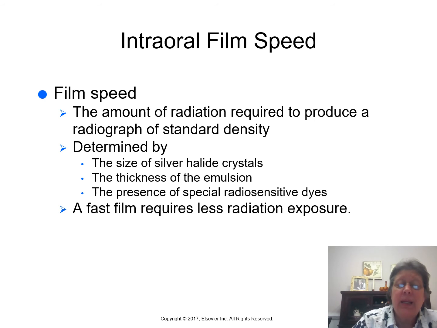So a fast speed film requires less radiation, and that of course is our goal, because whenever we deliver radiation to a patient in any form or type, it has the possibility that it can do destruction at the cellular level. So we always want to make sure that we give the least amount of radiation in order to achieve the best x-ray that we can.